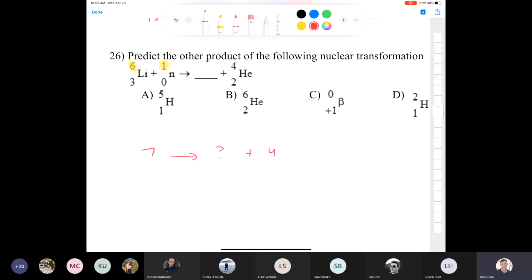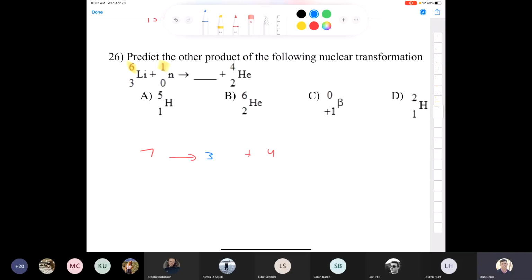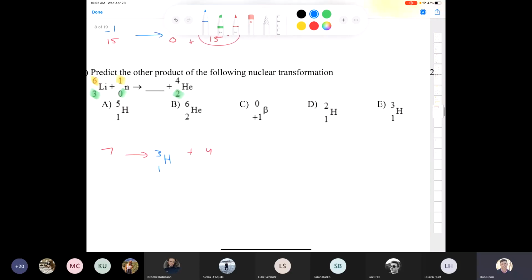That something must be 3. If I look at the atomic numbers, I have 3 plus 0, so that gives me 3. And then I have 2. 2 plus something gives me 3. So that something must be 1. If I go over to the periodic table and I look up element number 1, it's hydrogen. So it's hydrogen 3, or tritium.